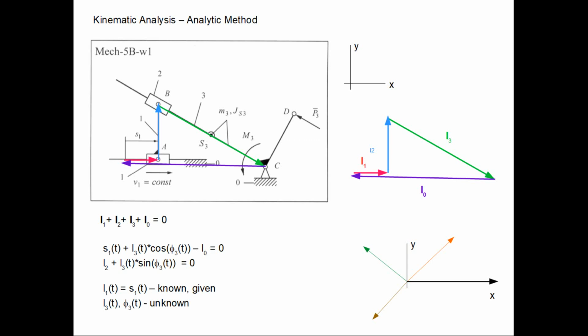So let's first analyze these vectors and see what is known, what is unknown in our example. But before that, I wanted to also tell you about this convention. As you can see at the bottom of the page, there is a frame of reference, and the convention is that all of the angles of the vectors have to be the angles between the positive x-axis and the vector.